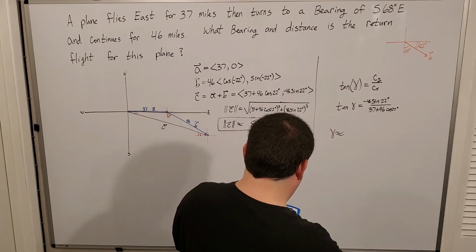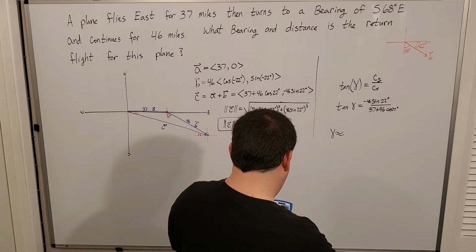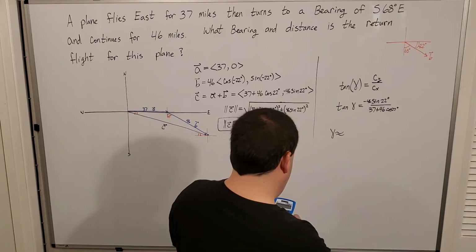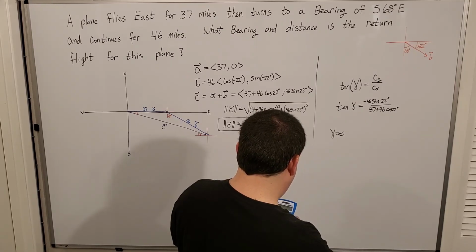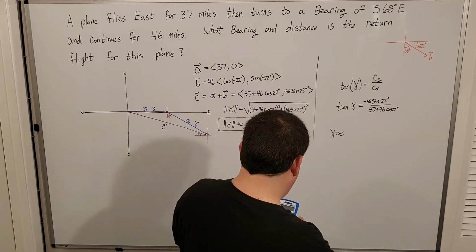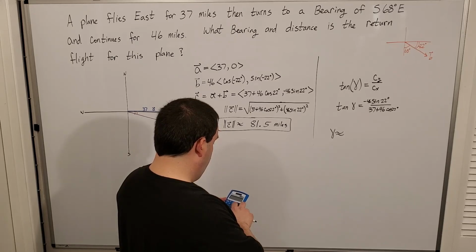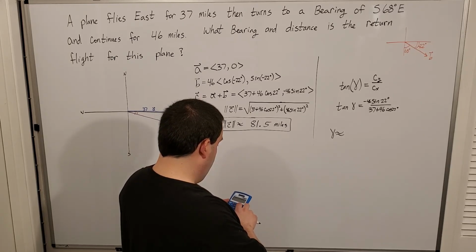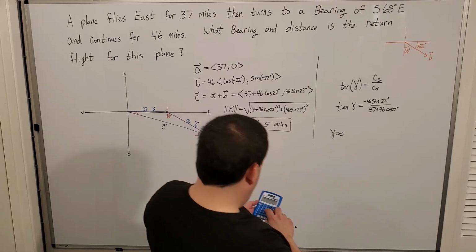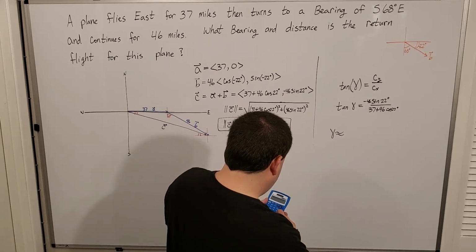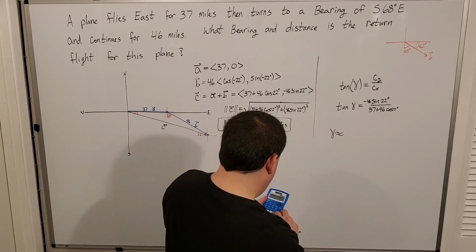So I got inverse tangent of 46 times sine 22 divided by, open a parentheses because of the addition there, 37 plus 46 cosine 22 degrees.